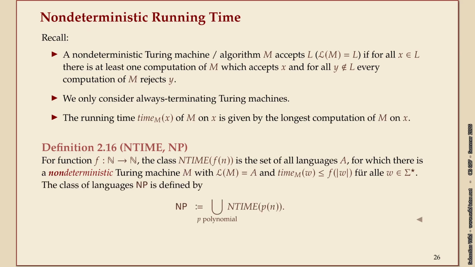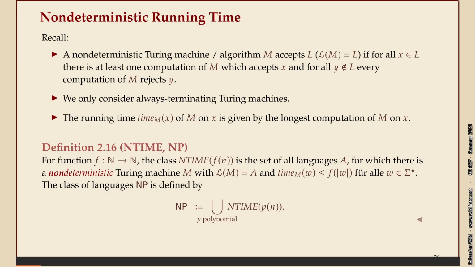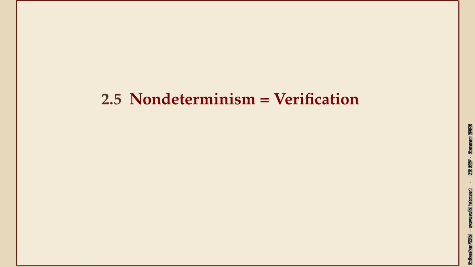And then the class NP is defined analogously to P. Again, the union over all polynomials, but then using NTIME. And that sounds like not such a big deal in the definition. It's very similar, right? You would think that the problems are also similar, but of course you already know that that's not the case.